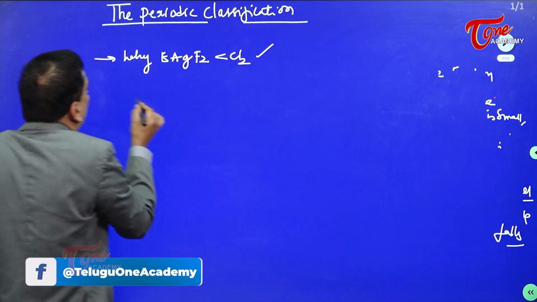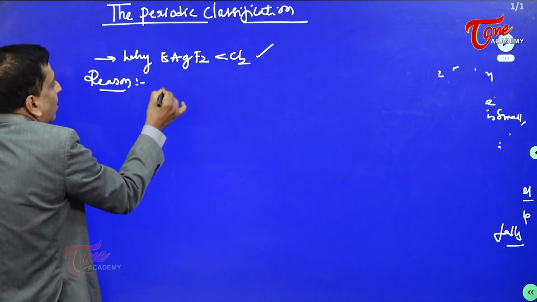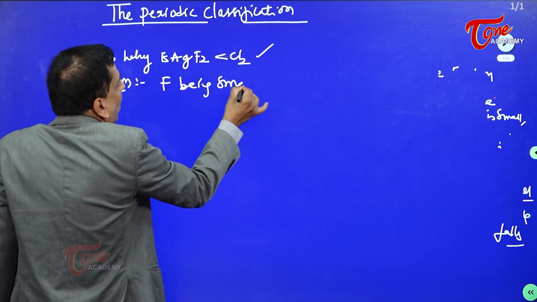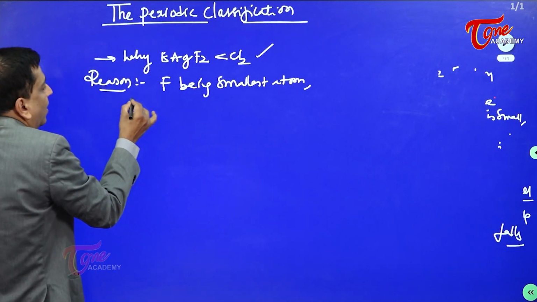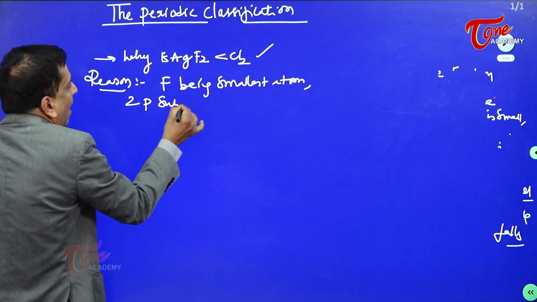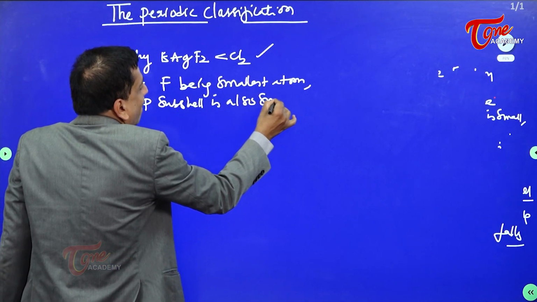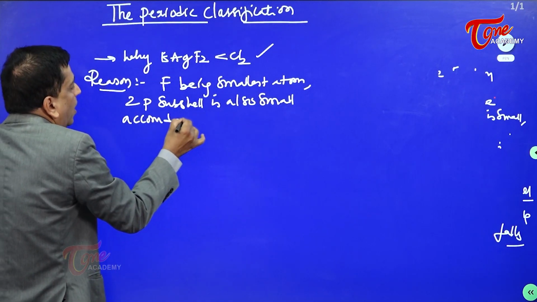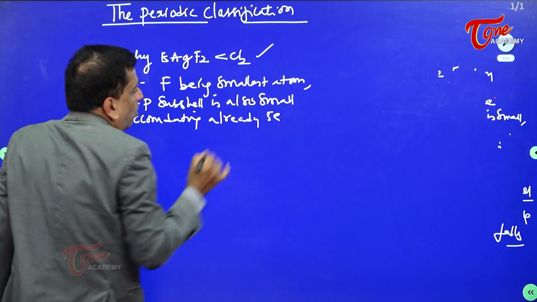The reasoning, if you see the reason: fluorine being the smallest atom, the 2p subshell is also small, accommodating already 5 electrons.